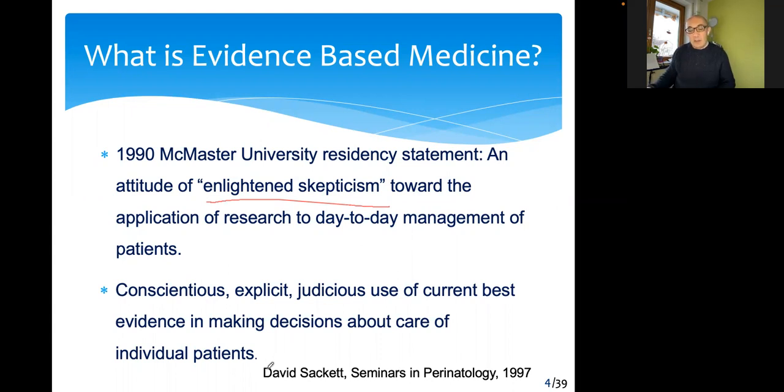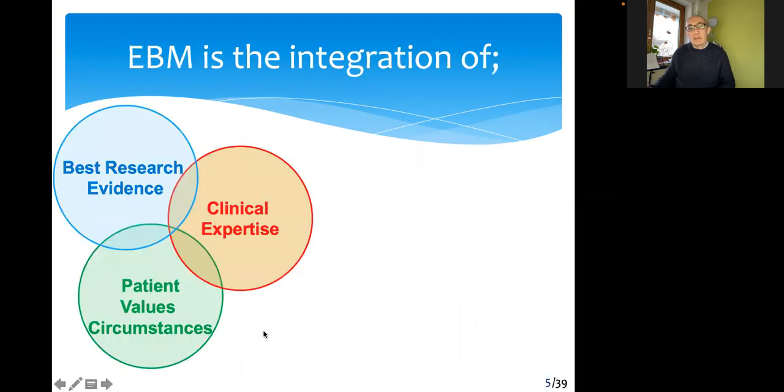You will hear a lot about this name, David Sackett, and he said it is a conscientious, explicit, judicious use of current best evidence in making decisions about care of the individual patients. Seeing this diagram here will make it maybe more understandable what we mean.